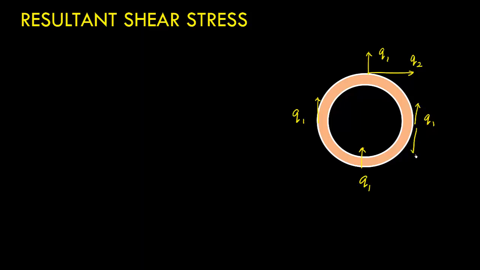At this place, it is acting in this direction, and at this point in this direction, and at this point in this direction. So the angle between these two shear stresses is not the same at all the points. For example, at this point this is 90 degrees, at this point 180 degrees, at this point once again 90 degrees, and at this point 0 degrees.